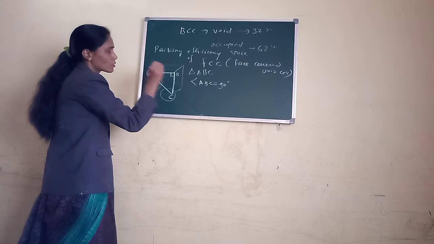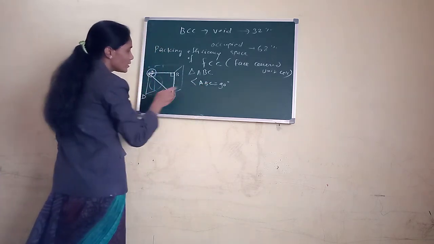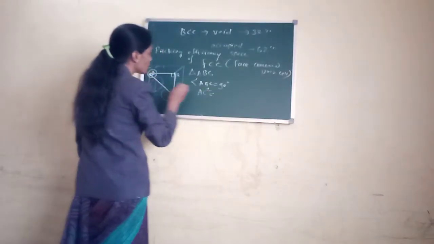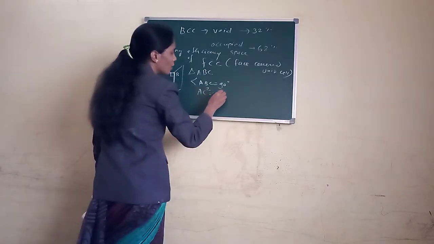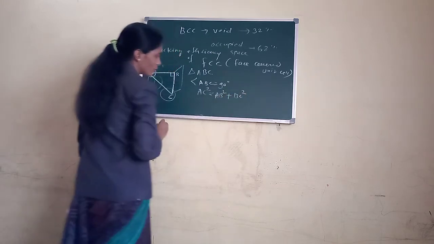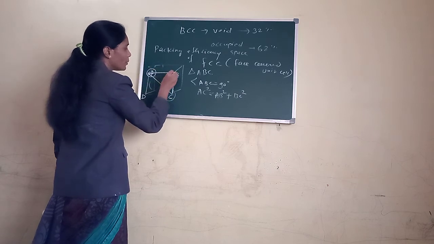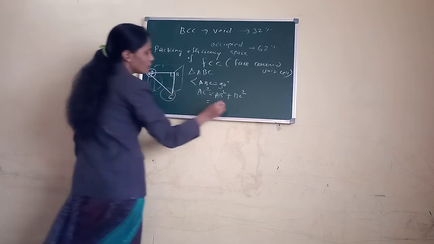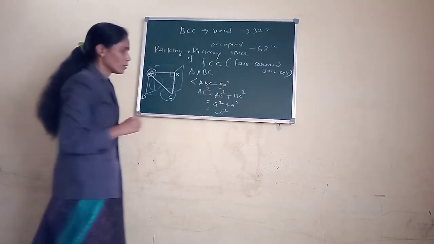According to Pythagoras theorem, the hypotenuse AC square is equal to the sum of squares of the sides, that is AB square plus BC square. The side lengths AB and BC are both A, so AC square is twice A square.